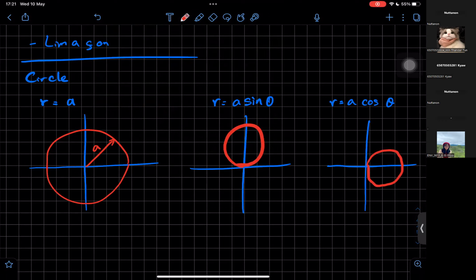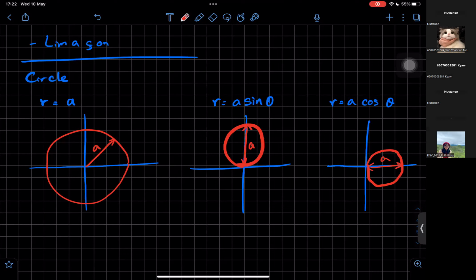And what is the most important thing is that when r is equal to a, the radius is a, but when r is equal to a sine theta, the diameter here is a. So the radius is just a over 2. This also, the diameter is a. This is very important.